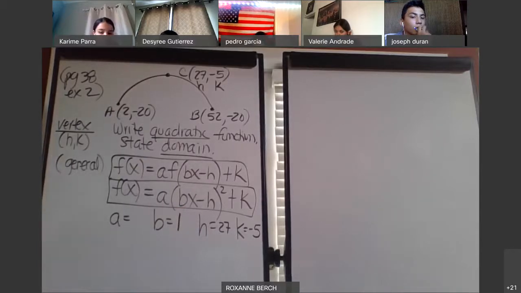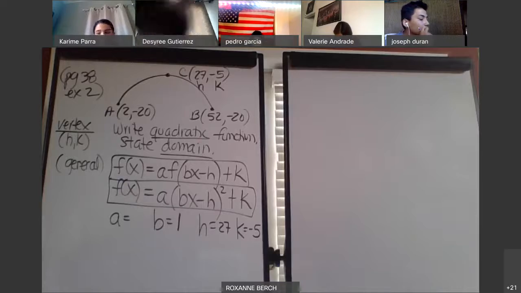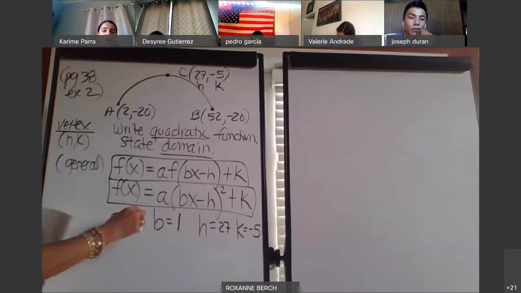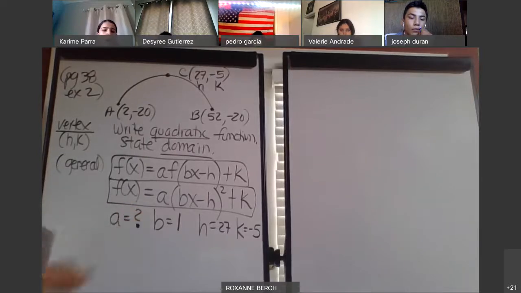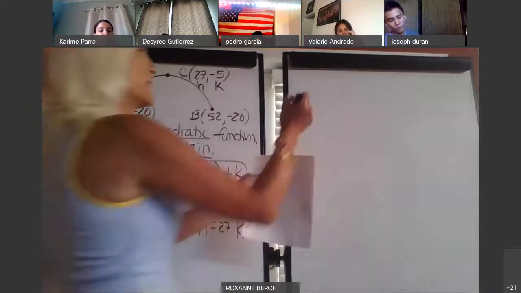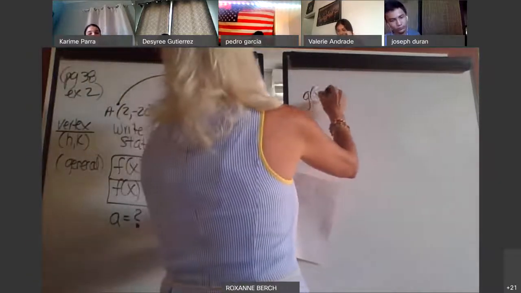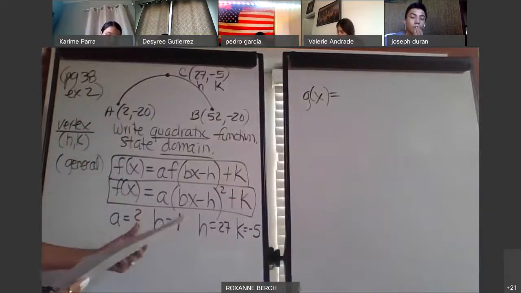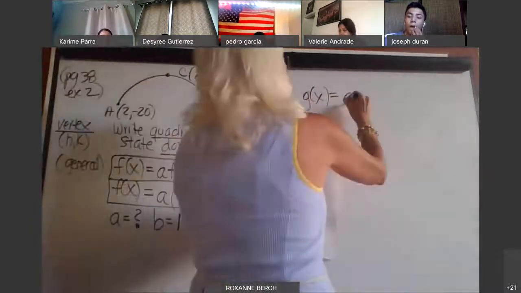So if you look at what they're telling you to use, they're telling you to use A times f of x minus h plus k. So that's saying that B is 1. So don't you believe that if we find A, we can write the function? So here we go. So what we're going to do is we're going to write a function. And we're looking for A, so we don't know what it is.